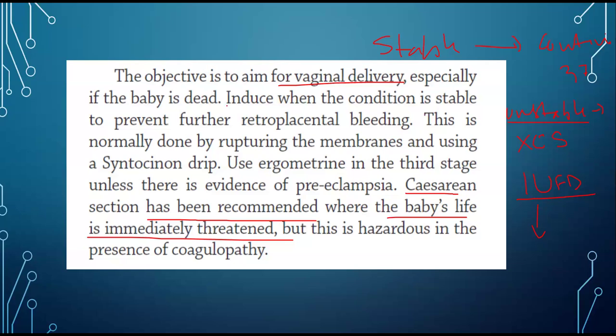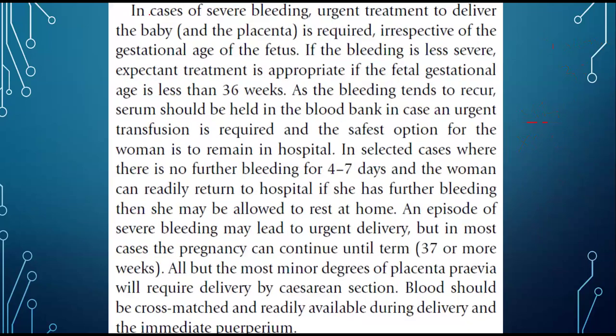For an unstable patient, you are doing C-section, and it doesn't matter what the gestational age is. If it is unstable, you need to go for C-section at any gestational age. In cases of severe bleeding, urgent treatment to deliver the baby is required, irrespective of the gestational age of the fetus.